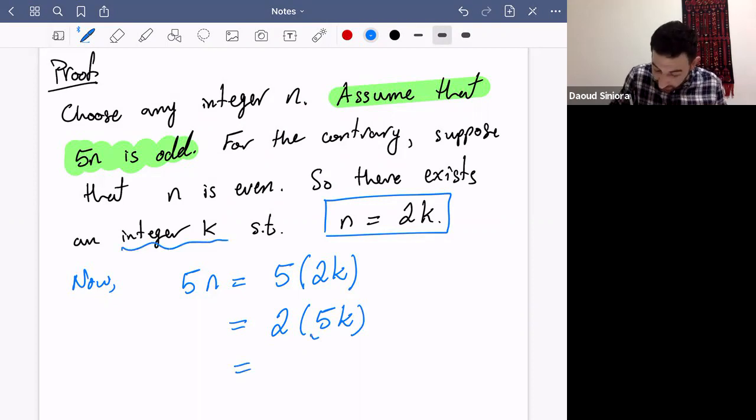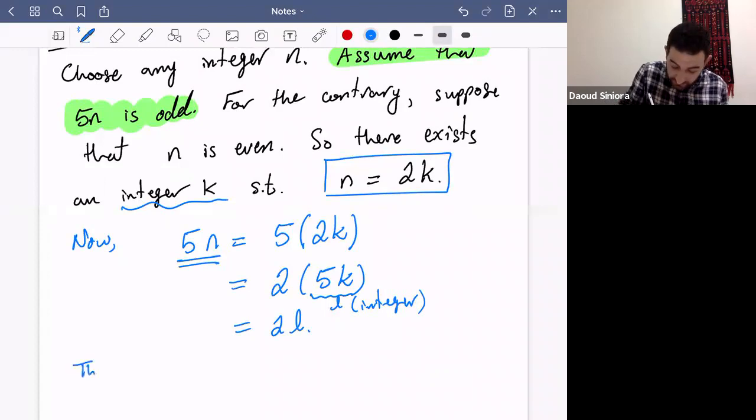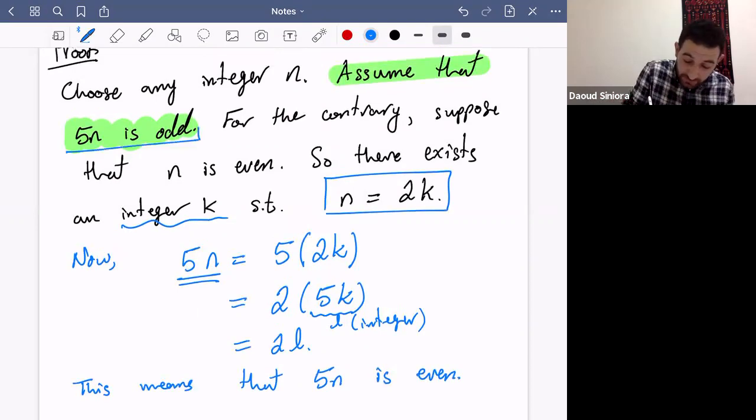Let's call 5k, say, L. So this means that 5n is equal to 2 times L, 2 times an integer. L is an integer here. Since 5n is 2 times an integer, this means that 5n is even. But this contradicts that 5n is odd.